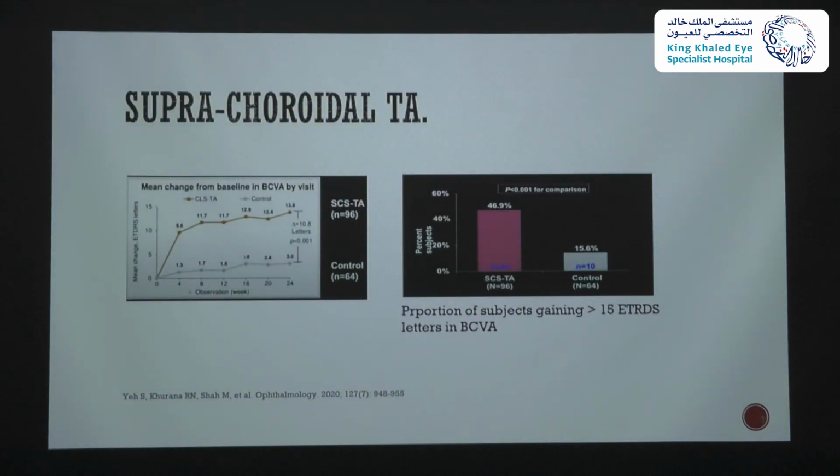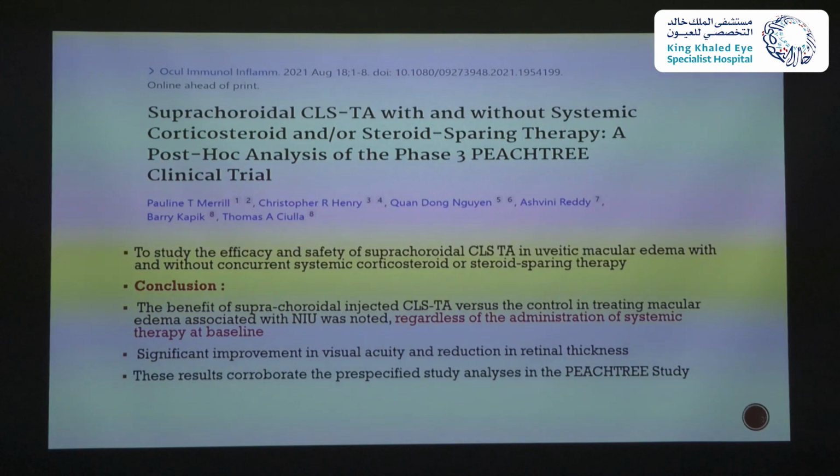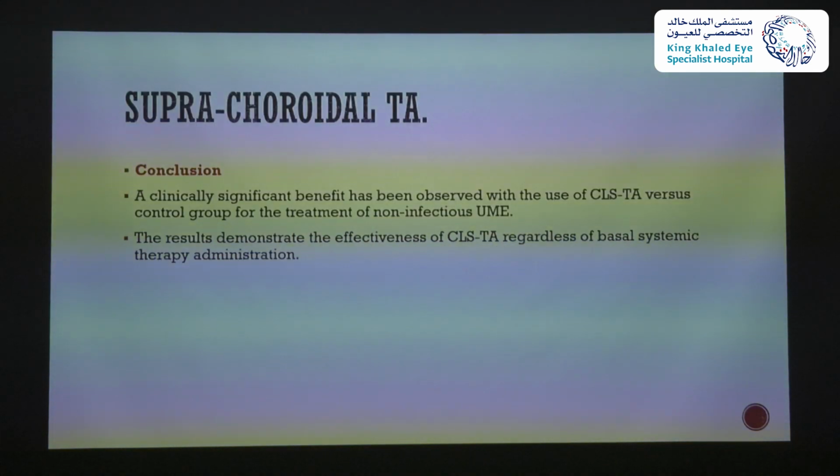This is the PEACHTREE trial. There is a study that compares suprachoroidal triamcinolone with and without systemic corticosteroids, and the conclusion was that suprachoroidal triamcinolone is effective regardless of using systemic therapy or not.